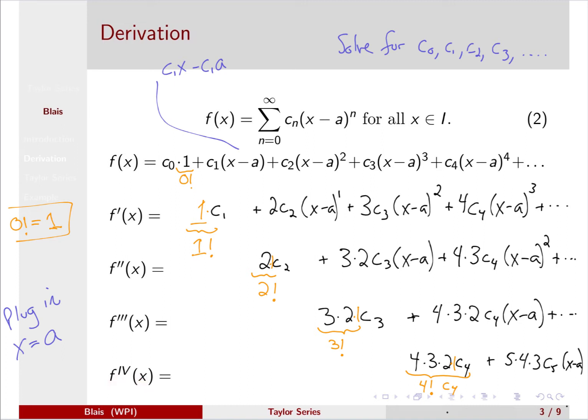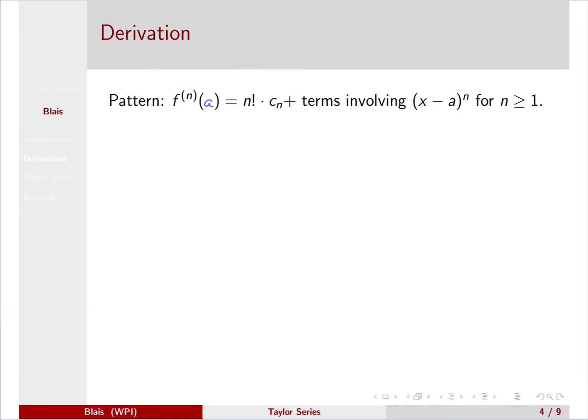So we have n factorial times the coefficient Cn. So we've now identified the pattern. This is our equation for n going from 0, 1, 2, 3, so on and so forth.